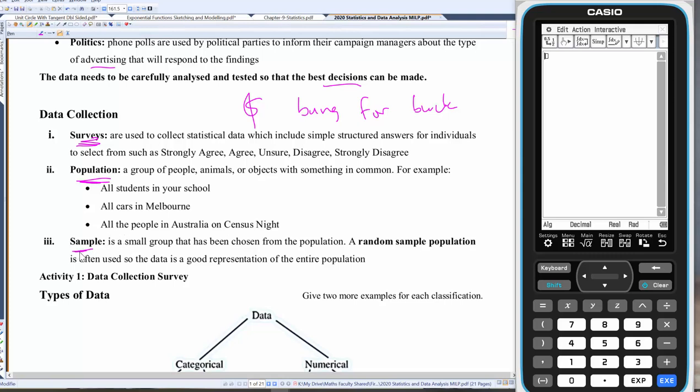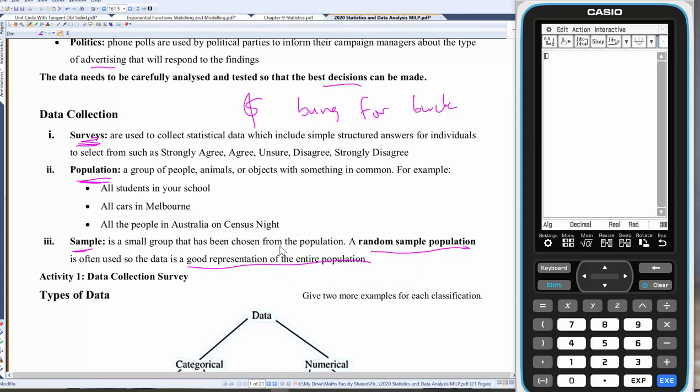So what we often do is take a sample, okay, and that is, we choose a random group of people, or a random sample, and only ask them. And what we hope is that if we've chosen a random sample, then the data is often a good representation of the entire population.